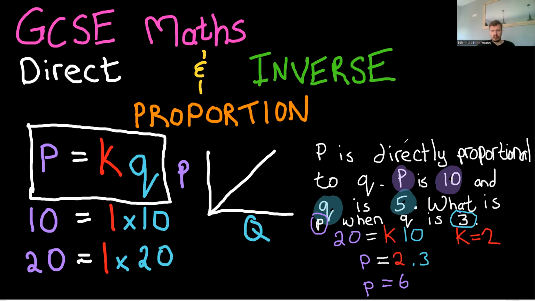So if we understand this concept, you'll notice that in your exams, they probably won't have it as simple. They'll say something like P is directly proportional to Q squared.